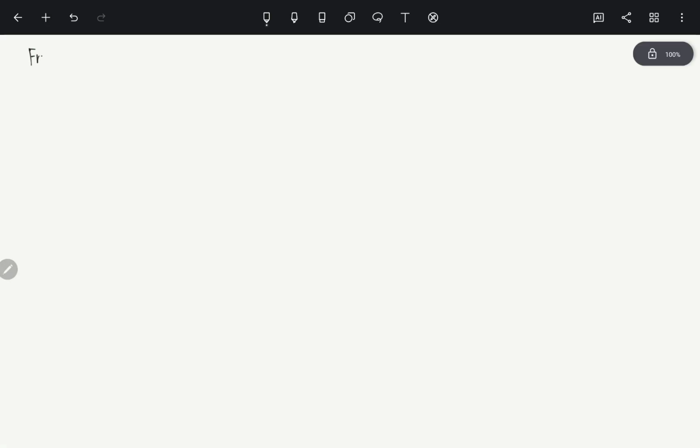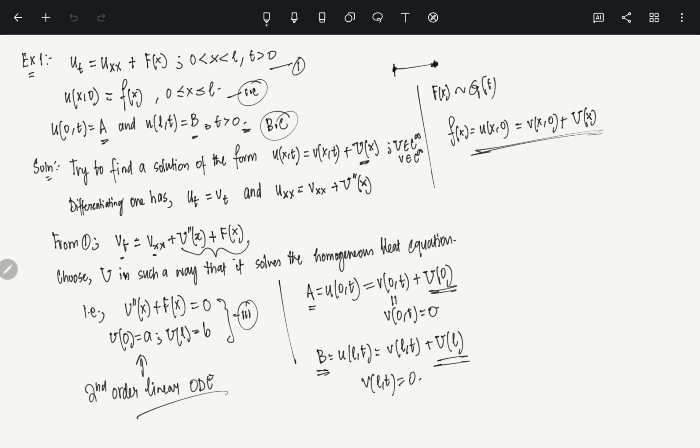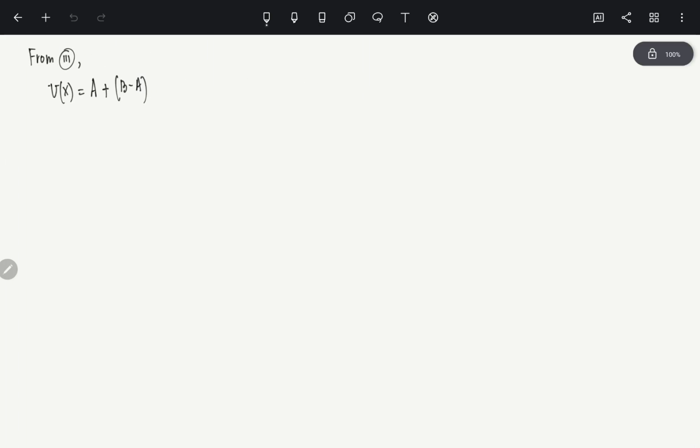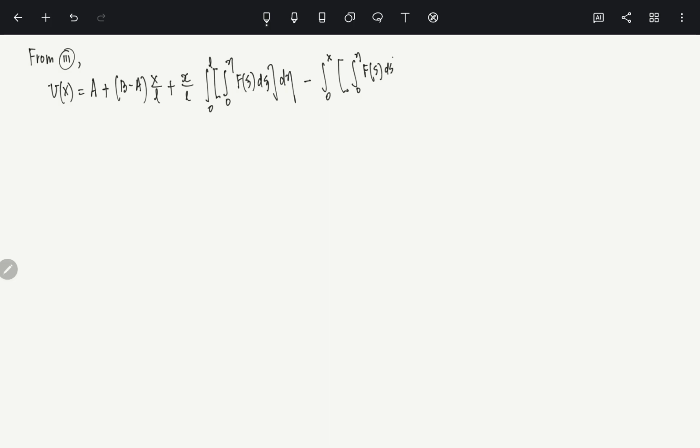So from 3, we get that capital U of x is nothing but a constant A, plus B minus A, times x by L, plus the double integral, 0 to L, 0 to eta of f of xi d xi d eta, times x by L, minus the integral 0 to x, 0 to eta of f of xi d xi d eta.